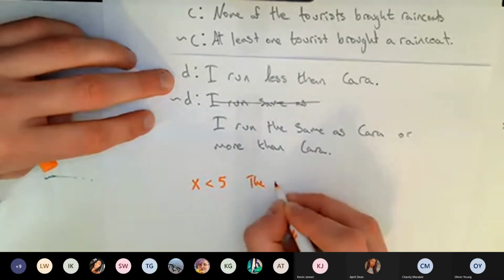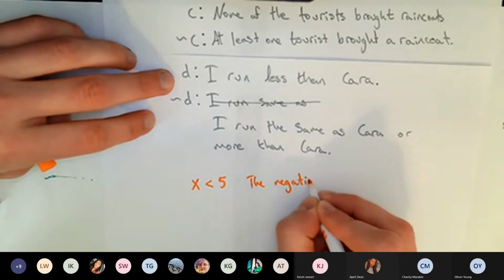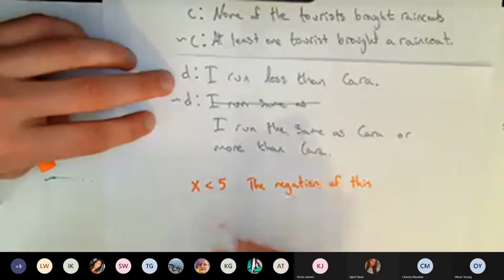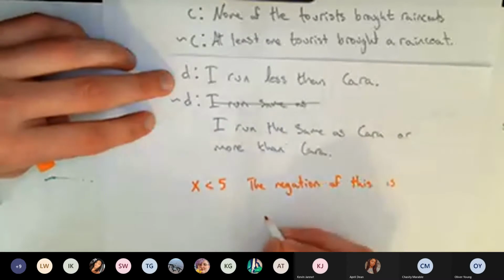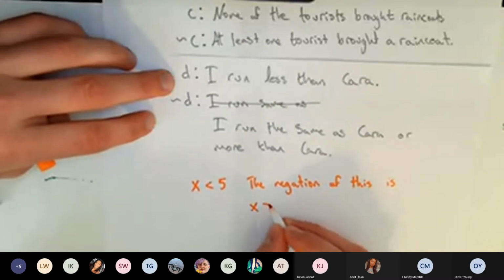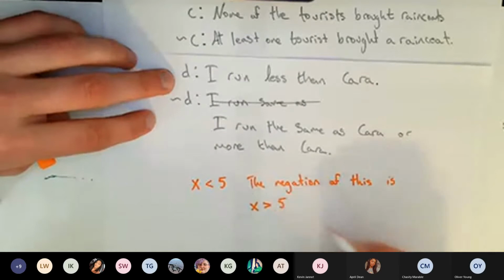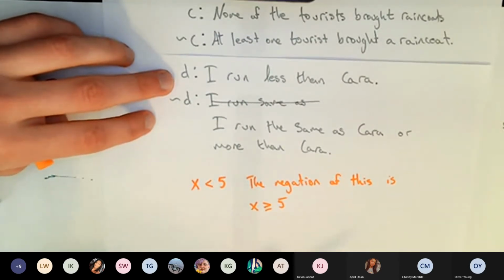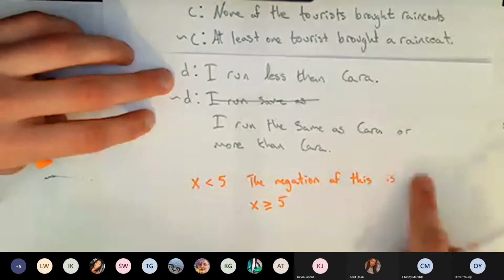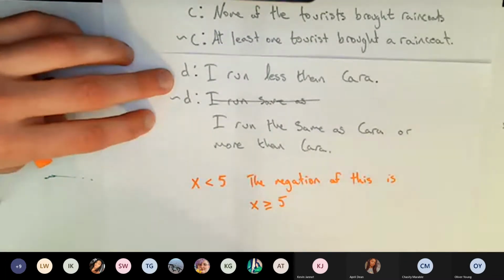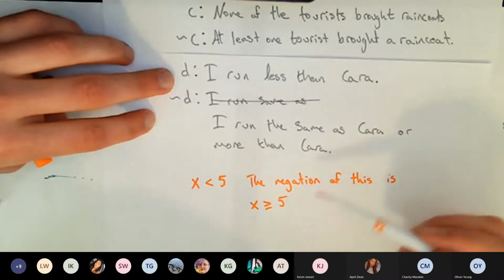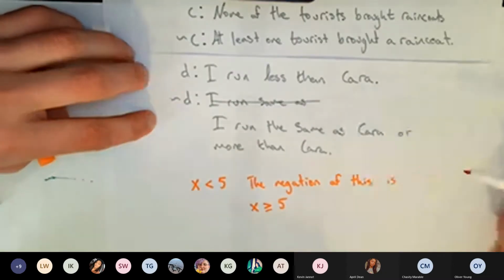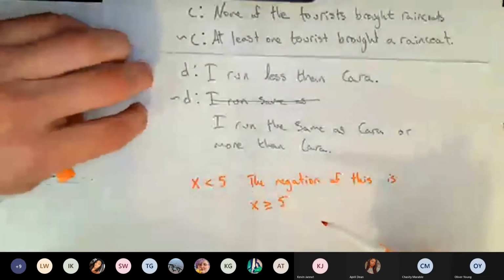The negation of this is X is bigger than 5, but also equal to. X is bigger than or equal to 5. So this is the math symbol way of describing what I just said here. I run the same as or more than, greater than or equal to Kara.